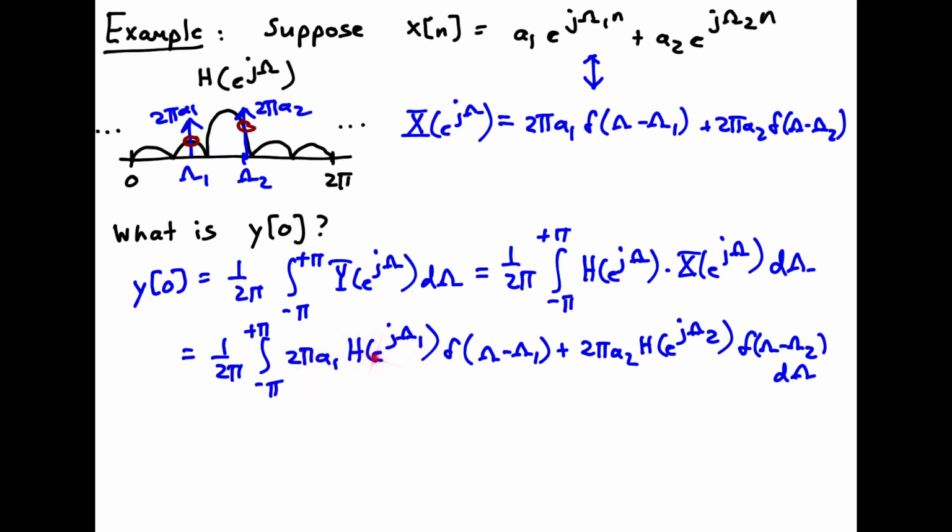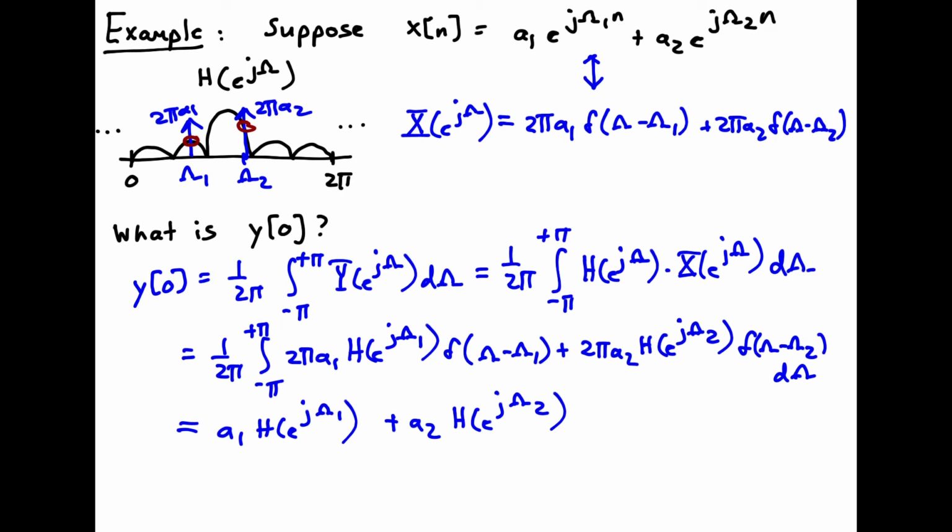The scalar in front of the delta function represents the area of that delta function, right? So I'm going to get the area here and then normalized by the 1 over 2 pi. So the 2 pi's are going to cancel. I'll end up with a1 h of e to the j omega 1 here for this term. And then for the other term, I'll end up with a similar thing. It'll be a2 h of e to the j omega 2.